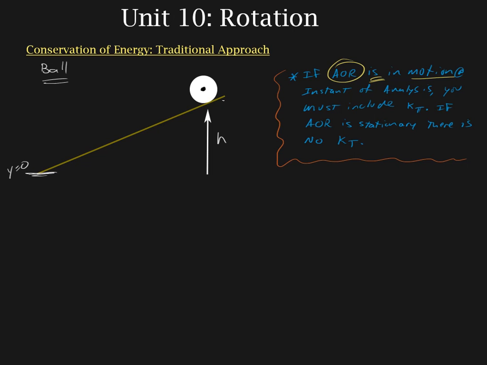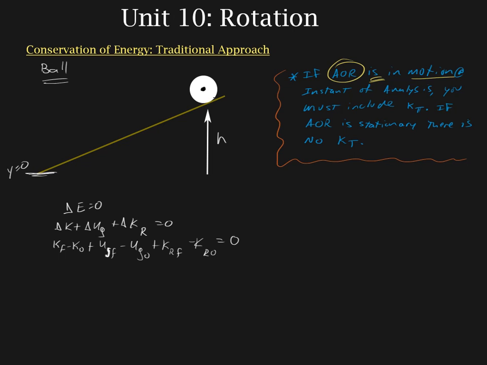Okay, so anytime we do a conservation problem, we start with delta E is equal to 0. And so in this case, we're going to write out delta K plus delta UG plus delta K rotational is equal to 0. And so we have K final minus K initial plus UG final minus UG initial plus K rotational final minus K rotational initial is equal to 0.